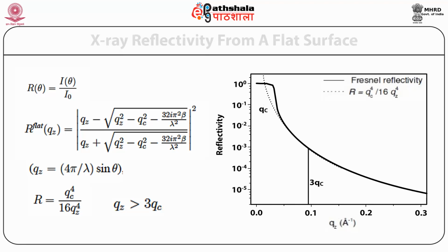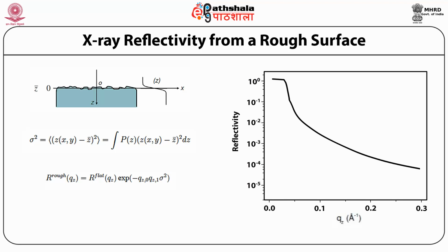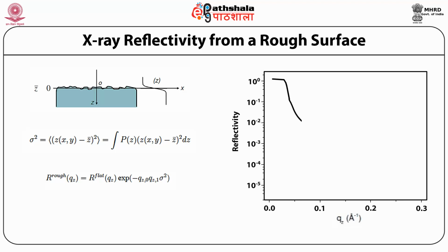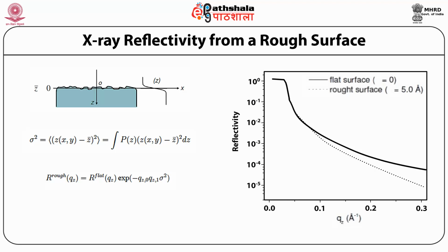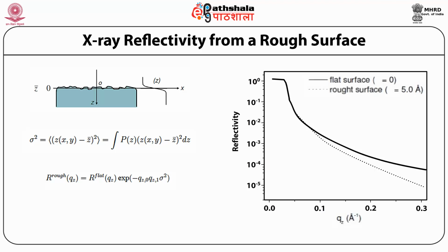In this slide, I will discuss the reflectivity from a rough surface. In the last slide, we have seen the reflectivity from a flat surface. Now you can see in this diagram that a surface is a kind of rough all the time, and this is represented by the equation below, where there is an average surface represented by this line, and the deviation from this average surface is represented by sigma.